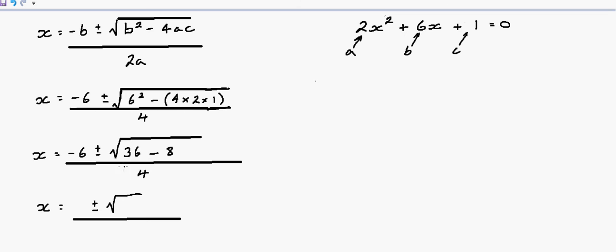There are things that, I mean, I still do make these mistakes. Sometimes I forget the 4, I forget the bottom of the fraction. So we all do it, so don't worry if you make a mistake. So again, minus 6 plus or minus the root of, so 36 minus 8 is 28, and that's over 4.